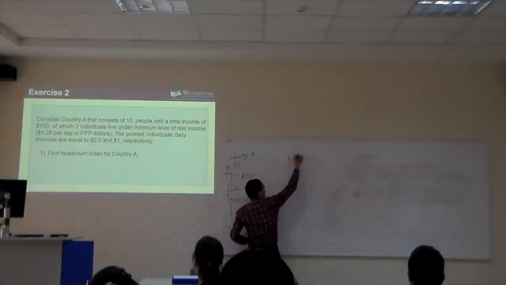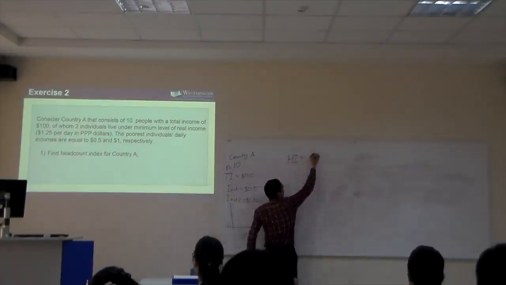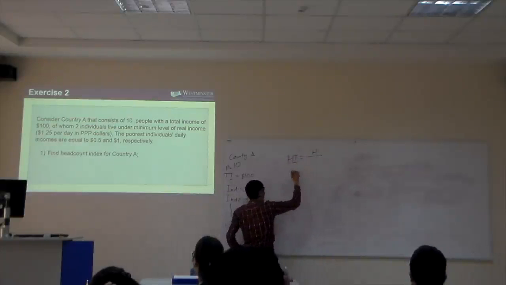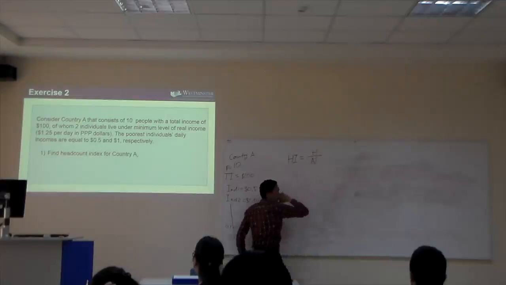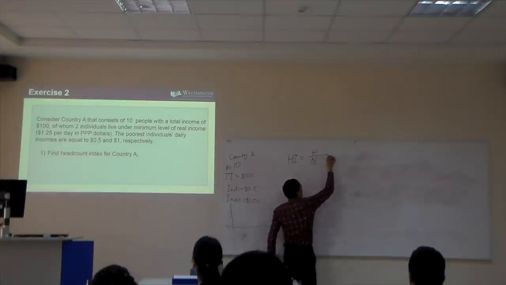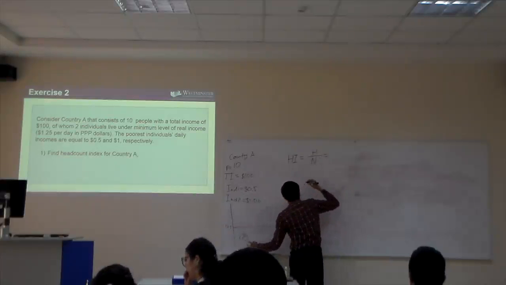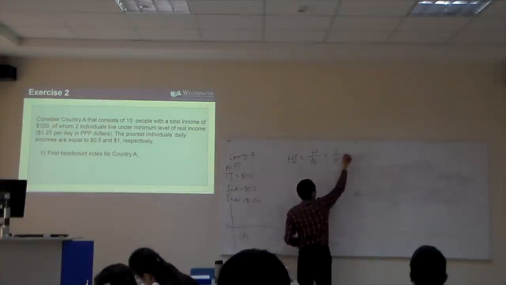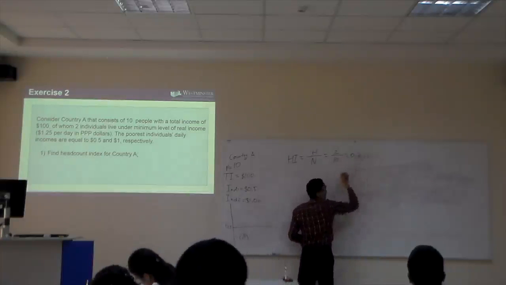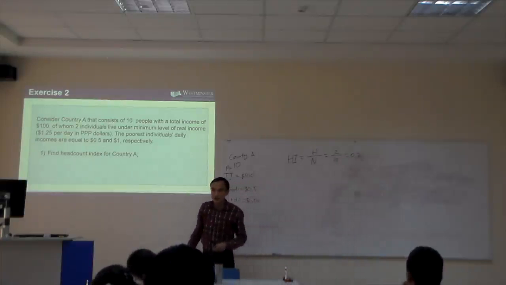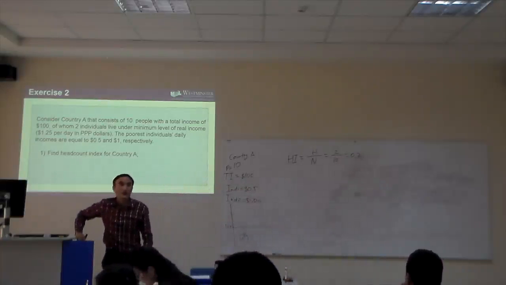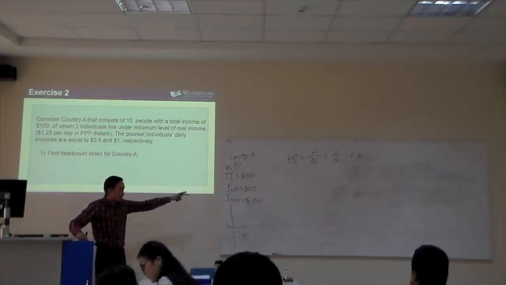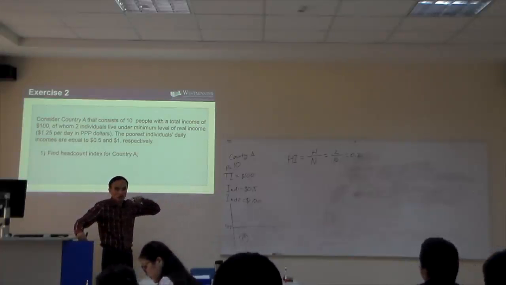So headcount index is equal to the number of absolutely poor people divided by total number of population. So here we know the number of absolutely poor people are 2 and total population is 10. So which will give us 0.2. What does it indicate? 20% of population is the poorest. So 20% of population in this country are absolutely poor.